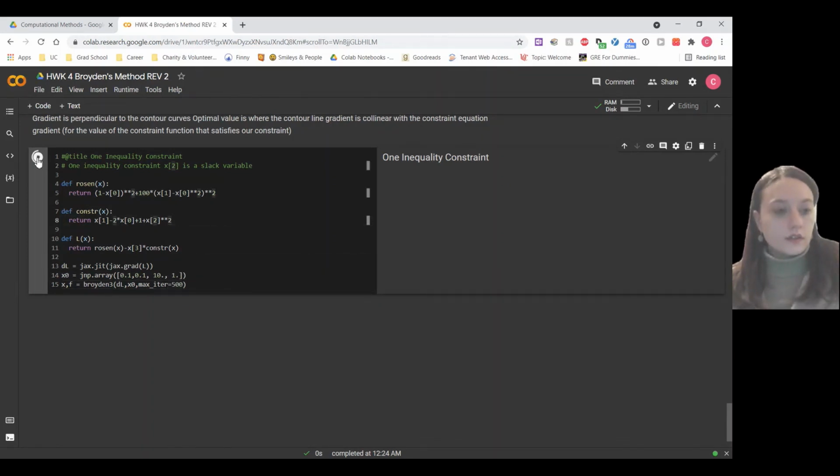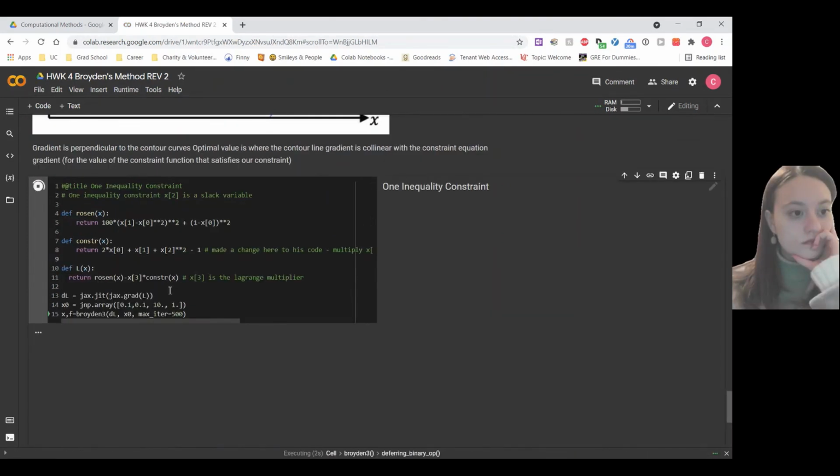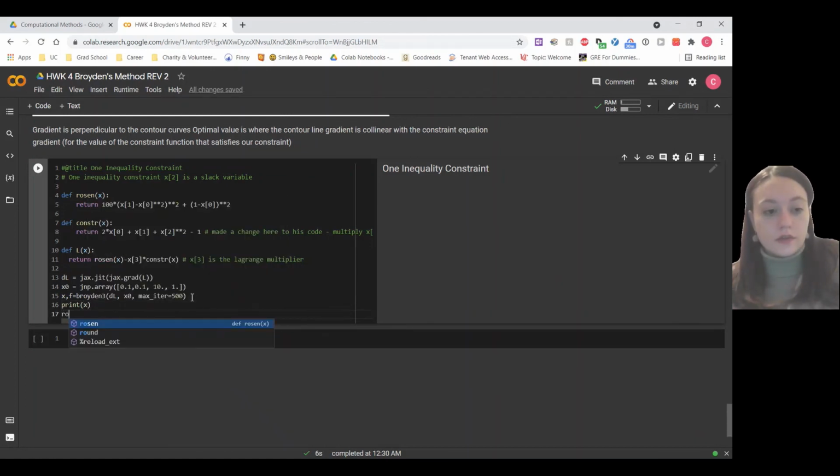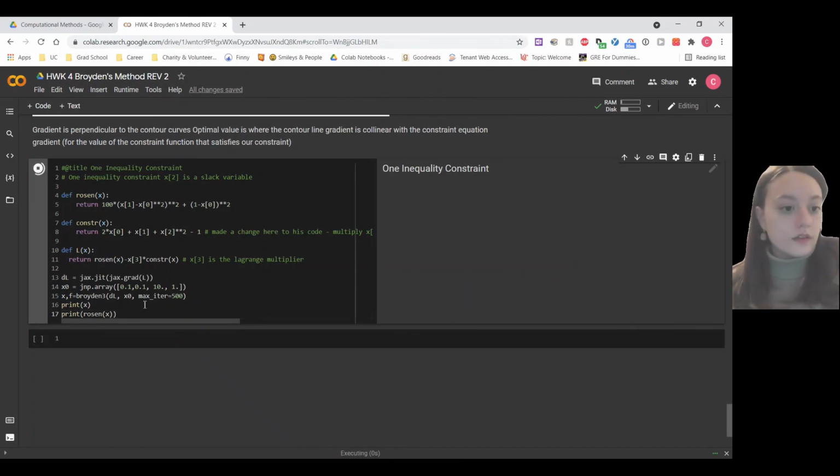So let's see. Got it to run. So now that it's running, we can print what our value of x was, and we also want to look at what our minimum value of the Rosenbrock function was at that value when we're satisfying that constraint.